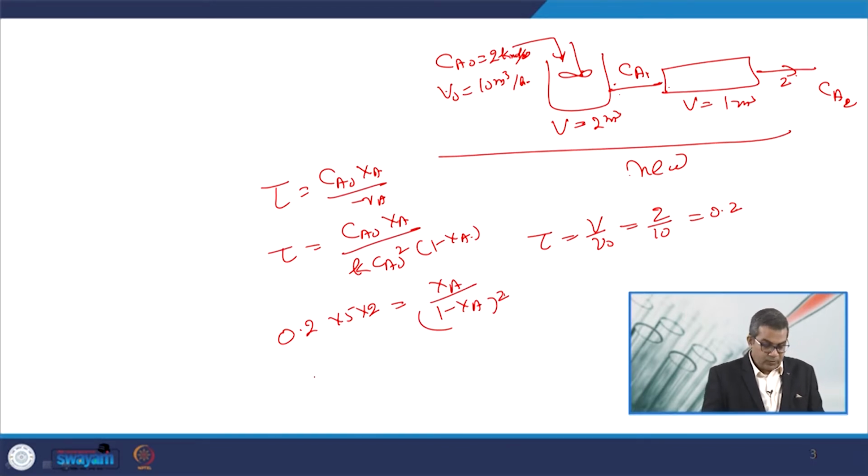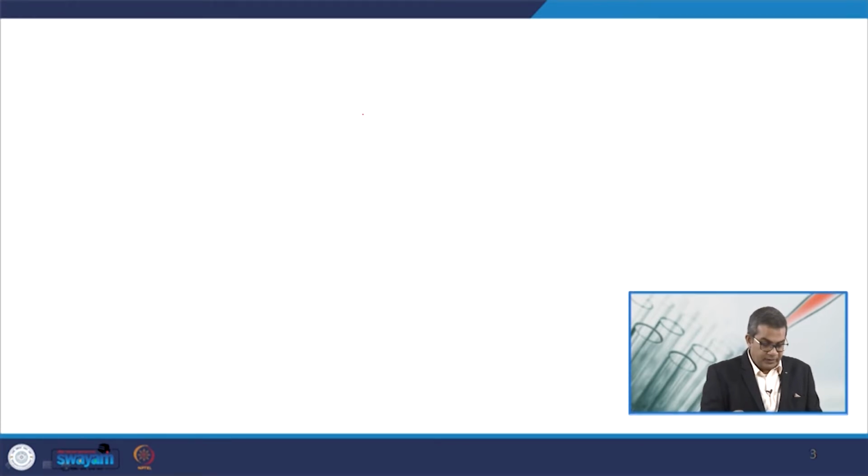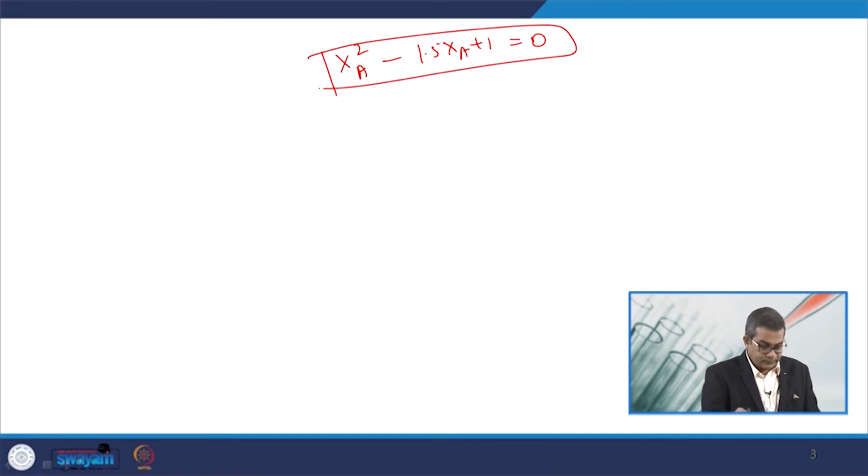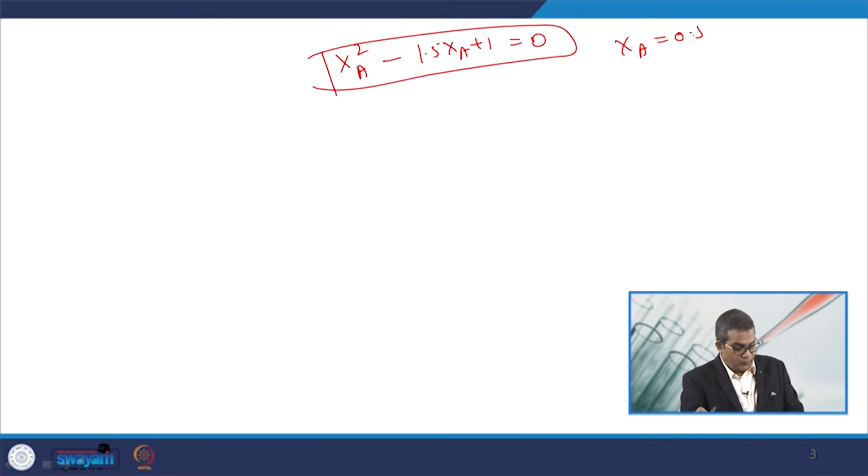Upon rearrangement we have Xa square minus 2.5 Xa plus 1 equal to 0. If we solve this, we have Xa is equal to 0.5.